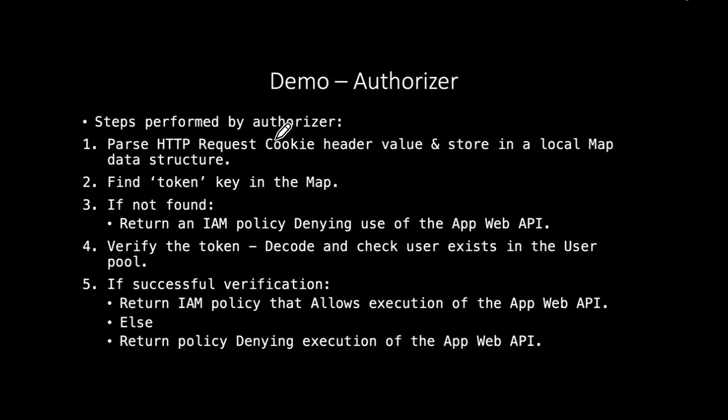In general, the HTTP request cookie header is a string, and that string generically consists of a number of key value pairs for each cookie that we want to include in the request.